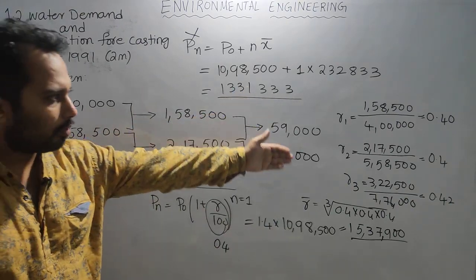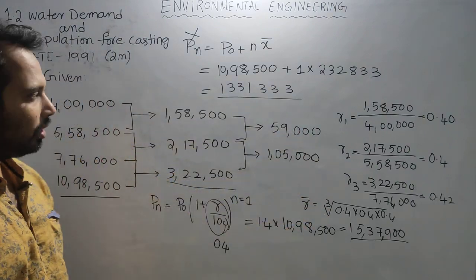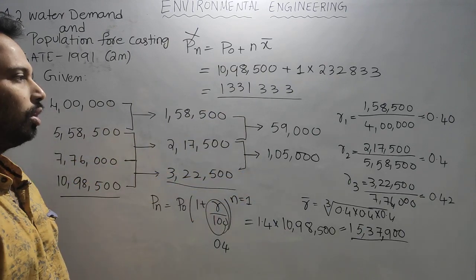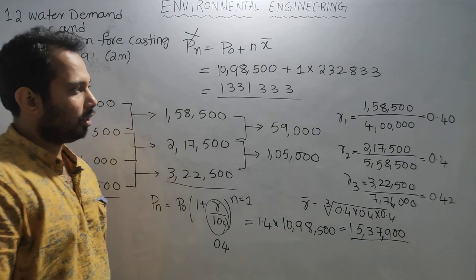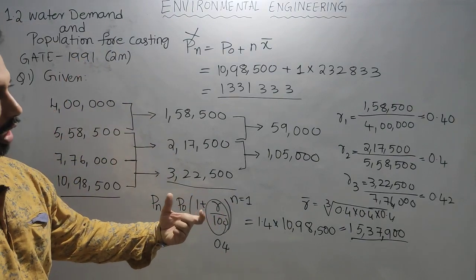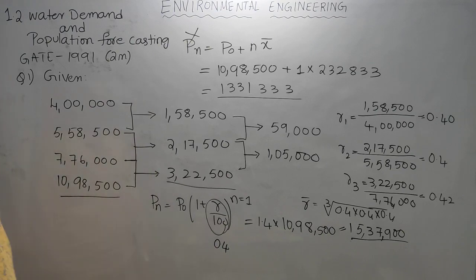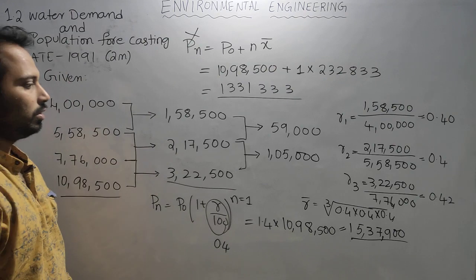If you look at the R1 values, they are coming almost equal. That means it is growing in the same pattern exponentially. That is why I prefer the geometrical increase forecasting technique only. Logically it is fitting that technique only. So I suggest you go with the geometrical increase method, and the answer is 153700.